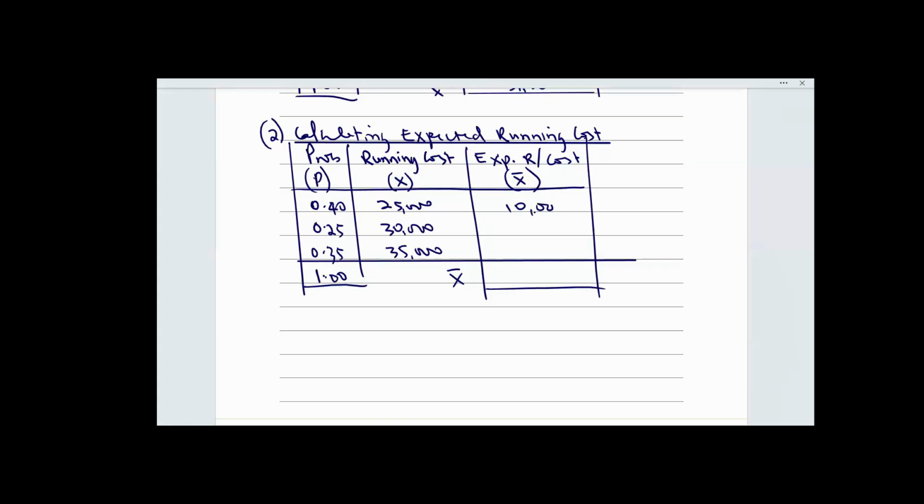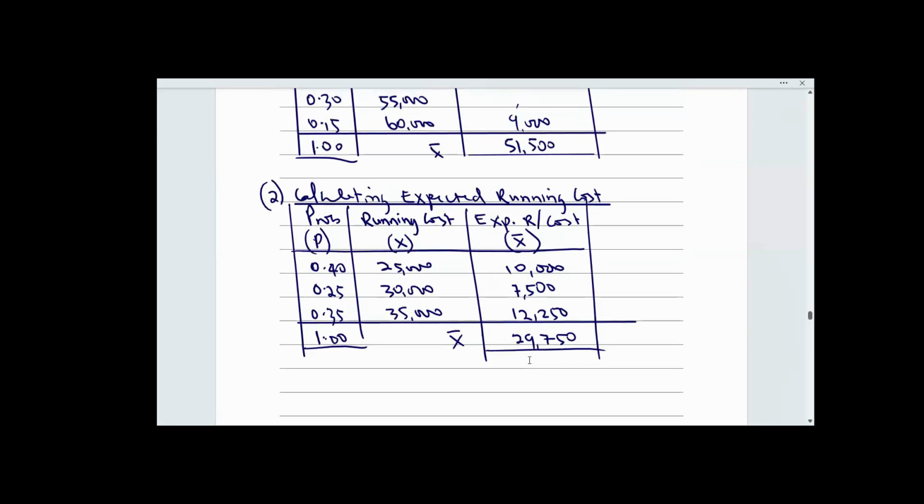Next, 7,500. Next, 12,250. This will give us 29,750.